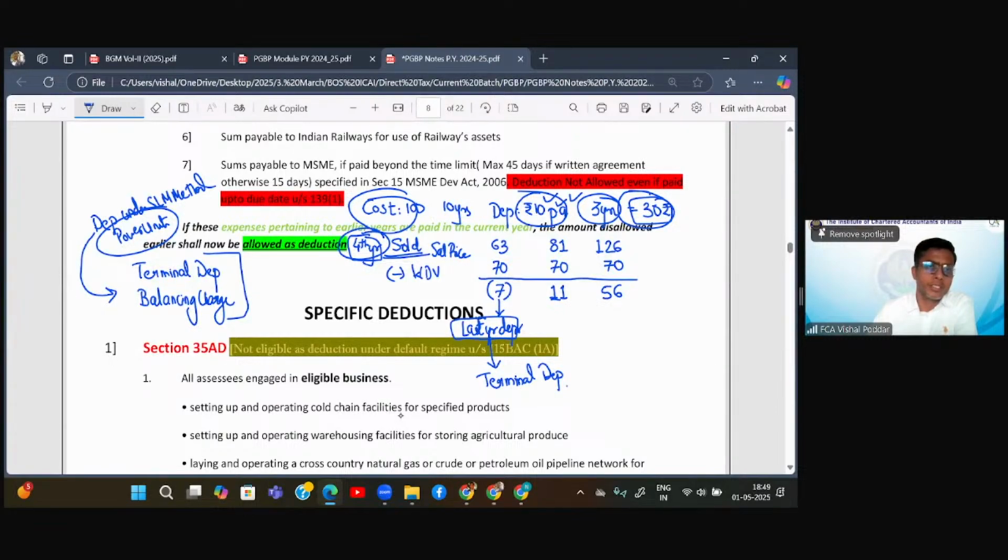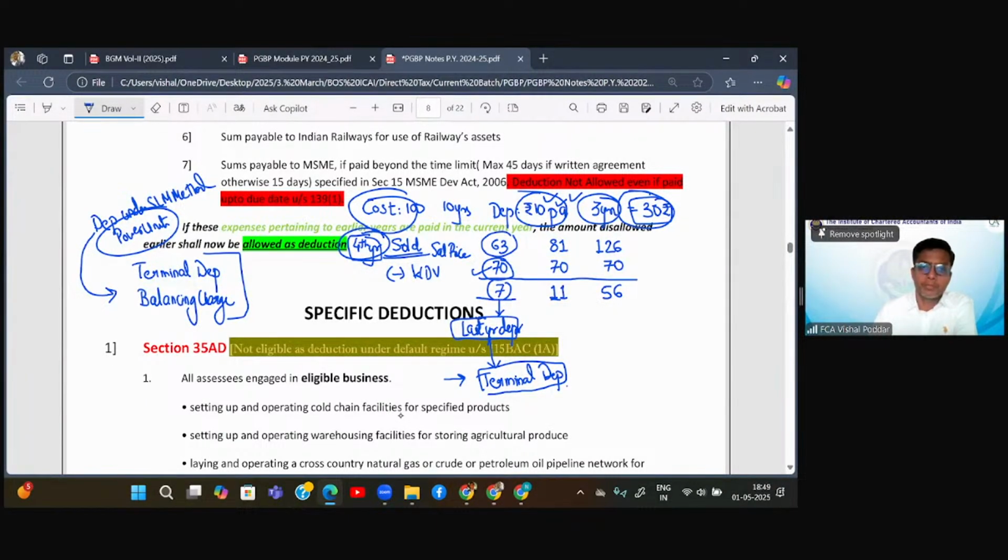Since this asset is sold, this is the last time you are claiming depreciation, so it is the terminal depreciation. It is nothing but the difference between the WDV and the sale price, where WDV is higher. In your accounting sense you say it is a loss, but income tax says don't call it a loss, because we are not going to treat it as a capital loss. Rather, we are going to treat it as a deduction in PGBP under section 32 called terminal depreciation.